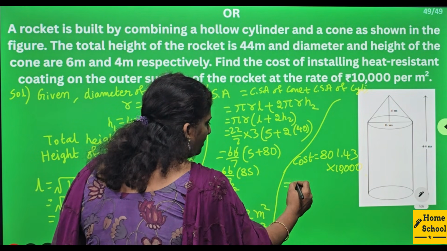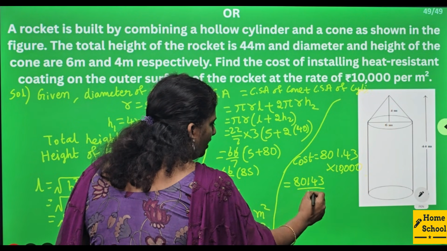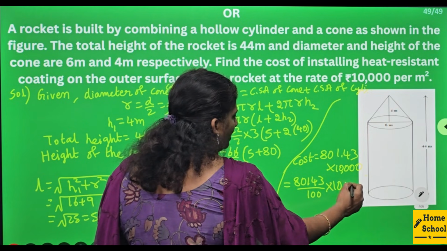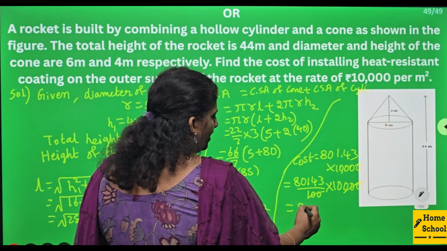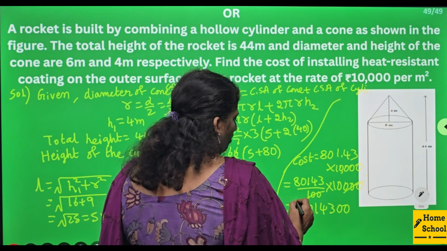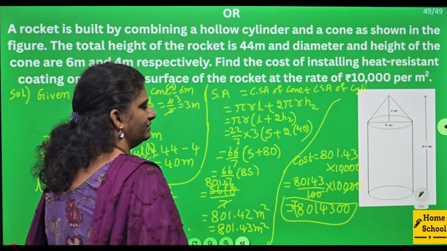So this I can write as 80143 by 100, remove the decimal point, into 10,000. 2 zeros cancel. Then finally 8014300 rupees cost. This is your final answer.